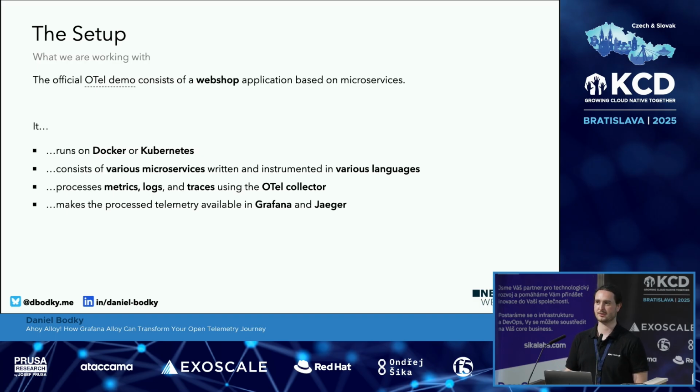We will see that in a moment. And all those microservices are instrumented, some with all three kinds of signals, some with one or two. And the OTel collector collects all these signals and passes them on to Jaeger in the case of traces, or OpenSearch in the case of logs, or Prometheus in the case of metrics. And then you get Grafana and a lot of pre-built dashboards so you can look at what you're actually collecting.